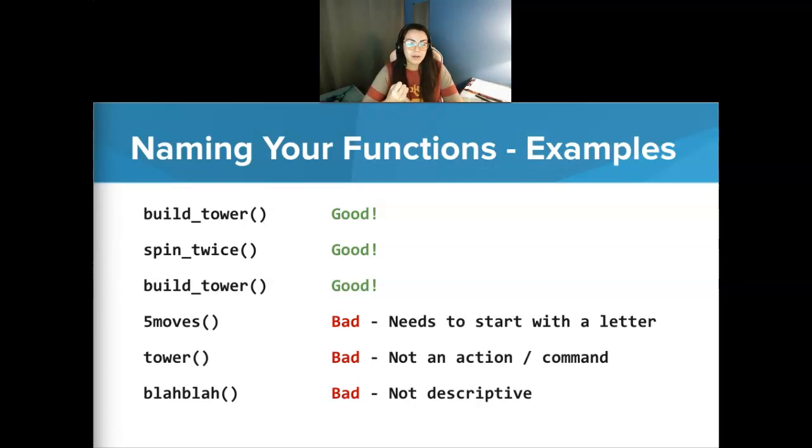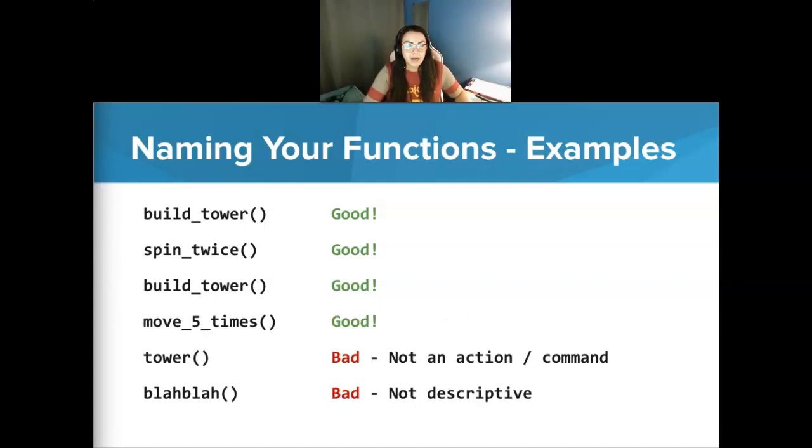It can't start with a number. Also, this is not an action, it doesn't start with an action verb, and it's not giving a command. So if we were to change this to a good function name, what would we want to name it? Well, the action would be to move, and we want it to move 5 times.